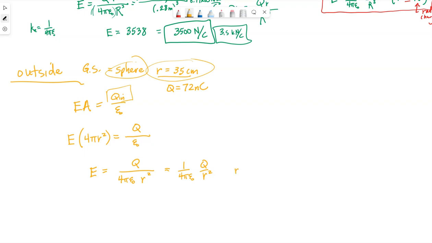This is valid as long as lowercase r represents the distance from the center of the charged sphere to the point where you're finding the electric field.